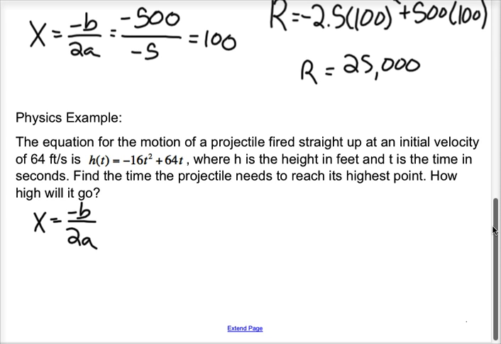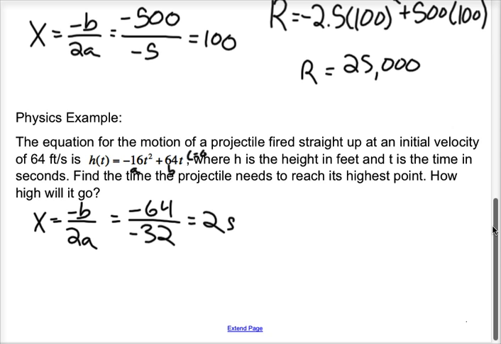And again, a is always a value with the x squared, b the value with the x, and in this case, again, there's no number by itself. So that means my c ends up just being 0, which is fine. So negative b over 2a, negative 64 over 2a, well, 2 times negative 16 is negative 32. So I'm getting 2 seconds.